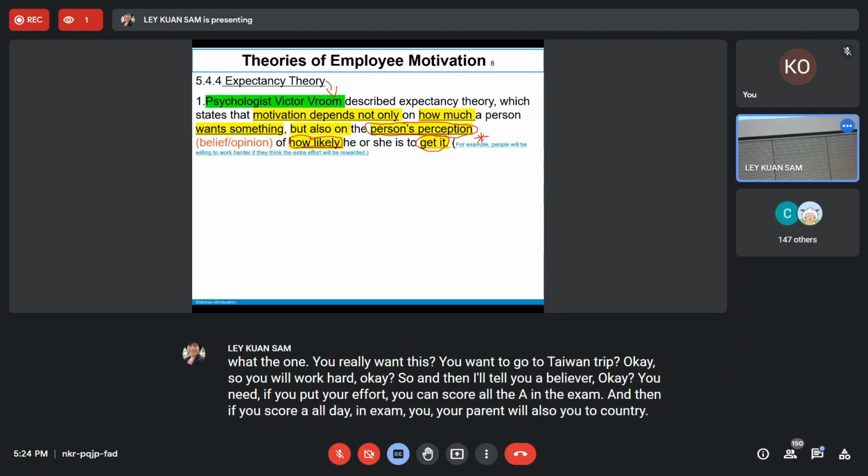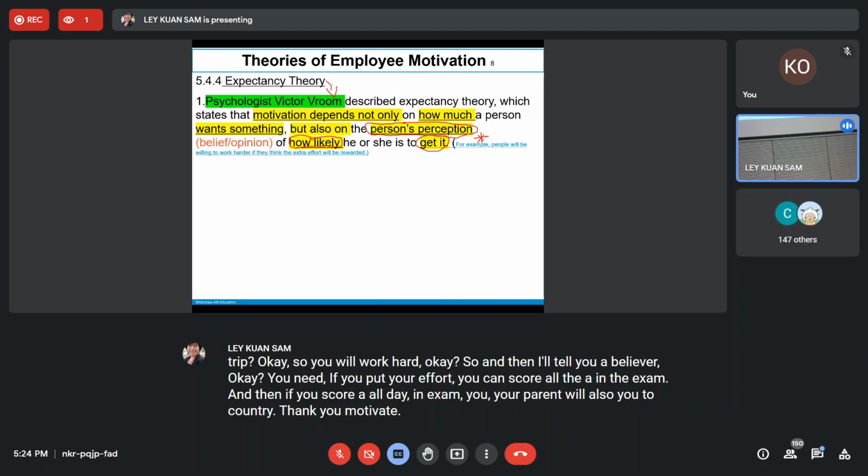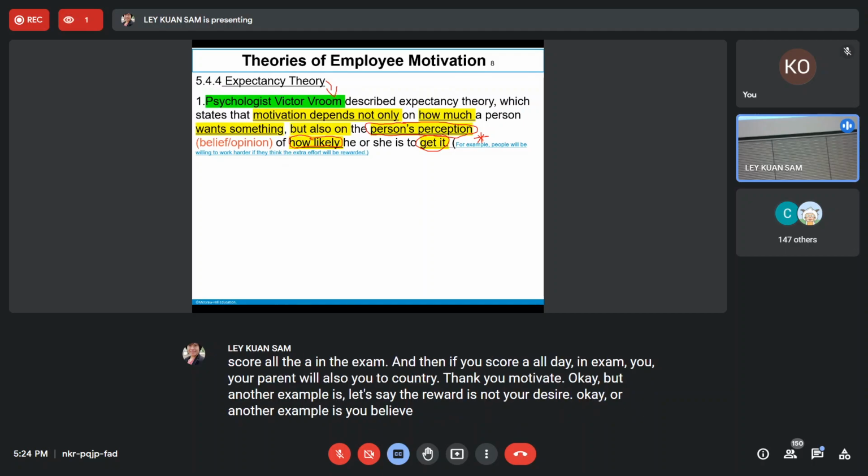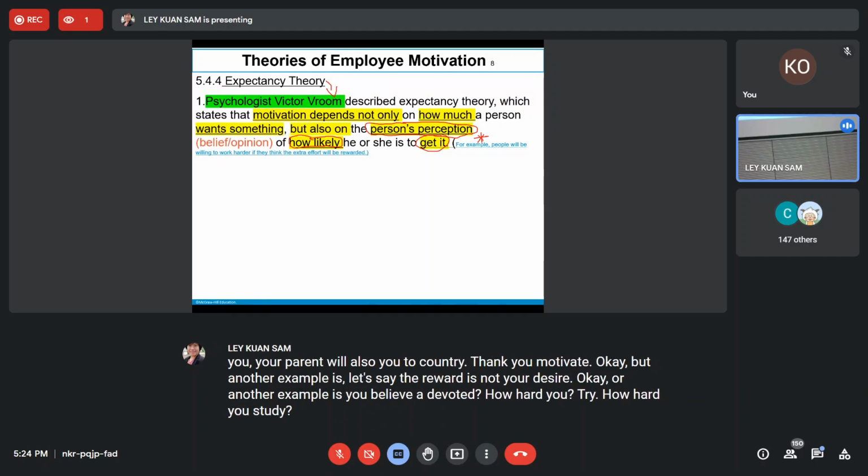Then you feel motivated. But in another example, let's say the reward is not something you desire. Or you believe that no matter how hard you try, how hard you study, you still cannot score A's.